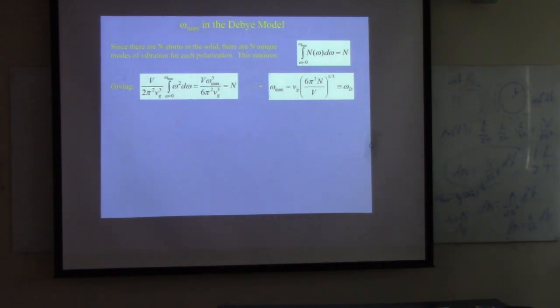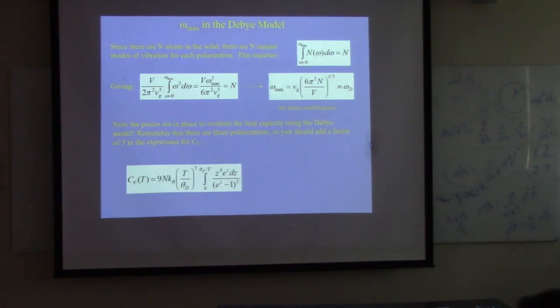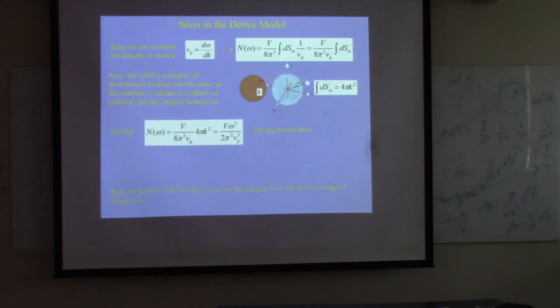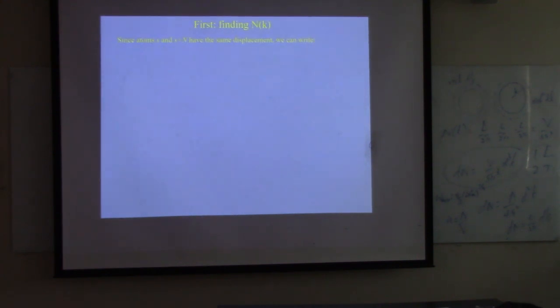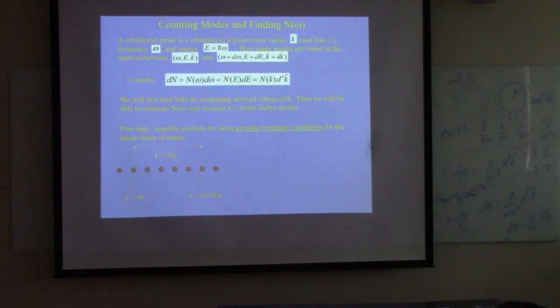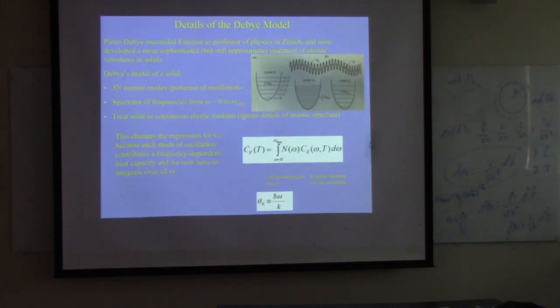Okay, so that's it, right? Now you can easily write your expression for this one. So if you remember, what is the expression we knew for the Einstein model here?